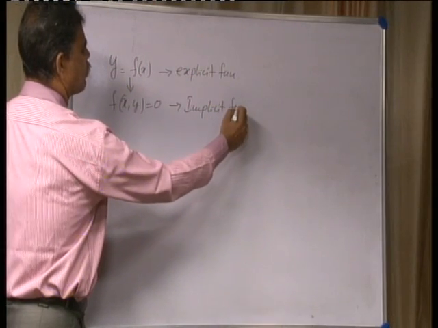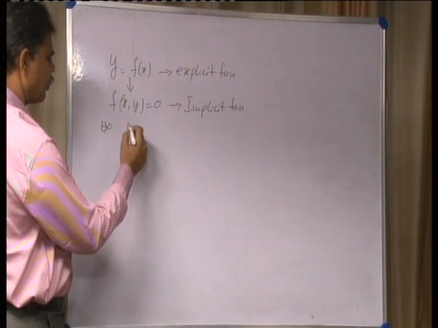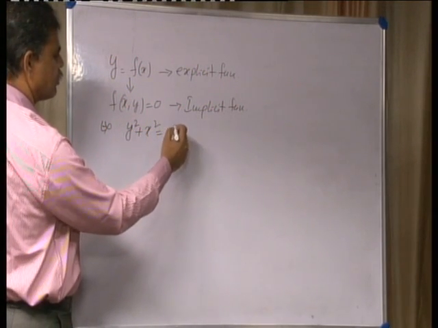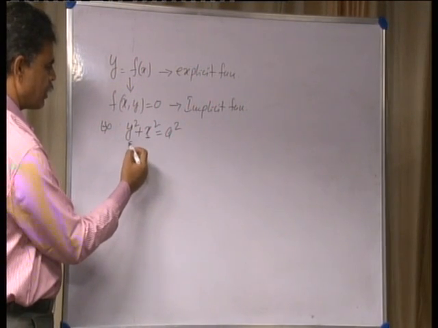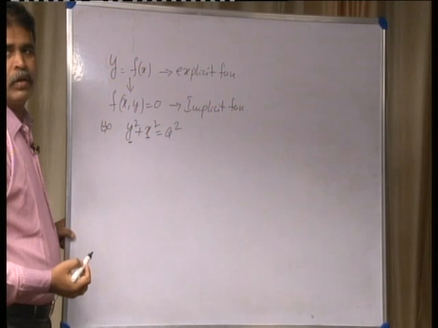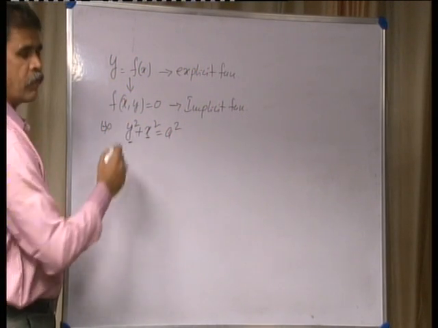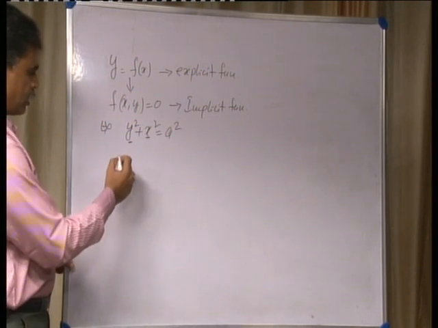Take the example y square plus x square is equal to a square. See, the x term is there, the y term is also there. Both x and y are expressed in the f of x comma y is equal to 0 form.